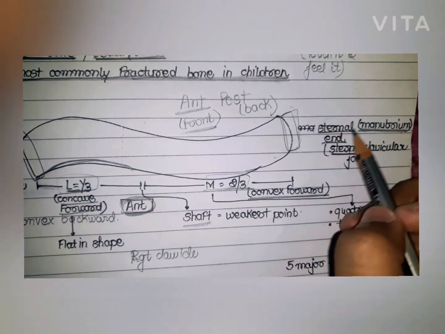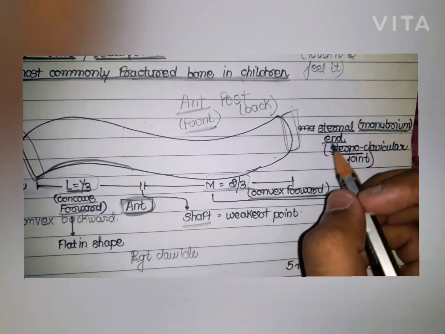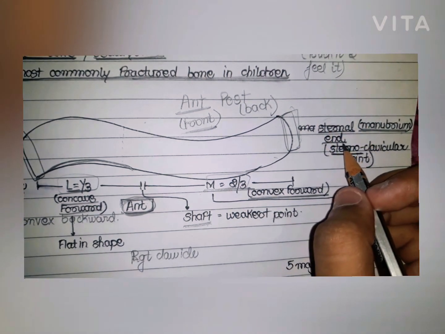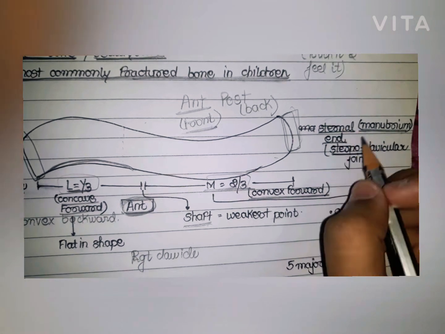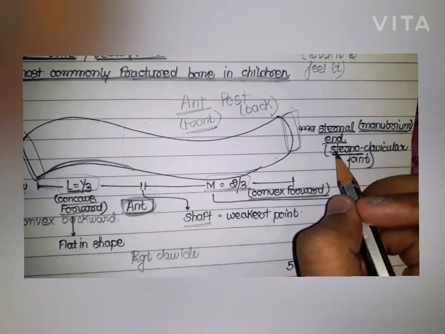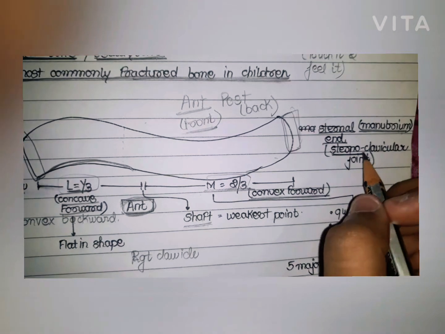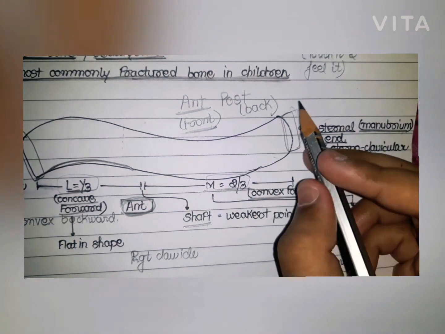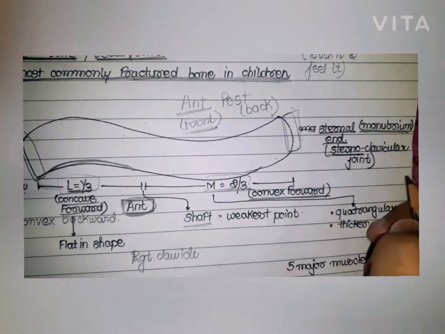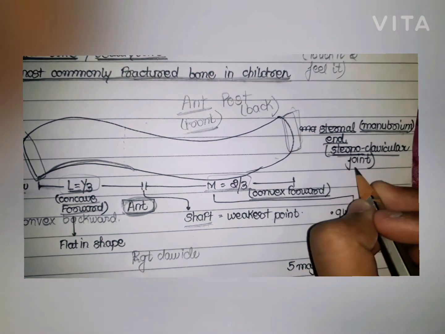So in the joint name also we join both names, the sternal and which bone is joined, clavicular bone. So sternoclavicular joint.